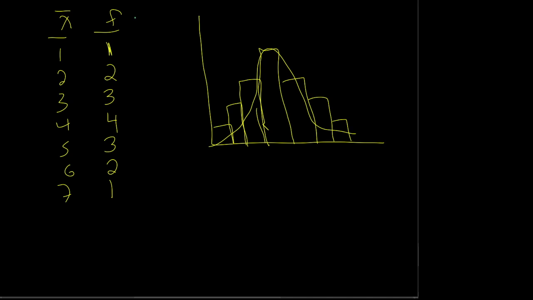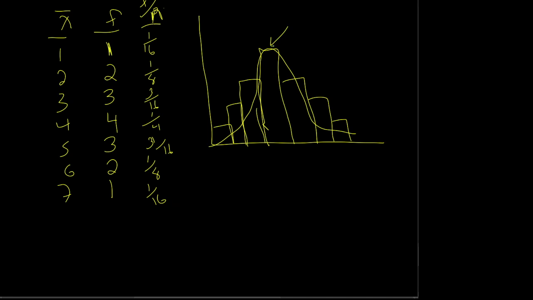And the probability for each of these is 1 in 16, 1 in 8, 3 in 16, 1 in 4, 3 in 16, 1 in 8, and 1 in 16. All right, because we're looking at F over N, and we had 16 possible outcomes.